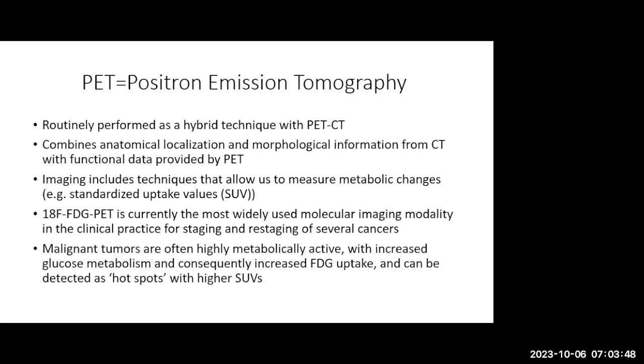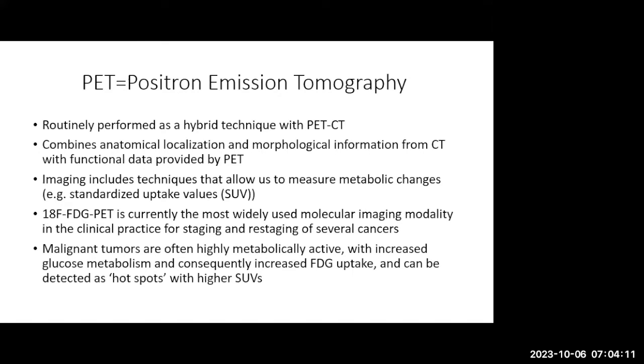And then the radiopharmaceutical I'm going to be focusing on today is F18 fluorodeoxyglucose. That's what the title says, and I'm going to concentrate on that. It is currently the most widely used molecular imaging modality in the clinical practice for both staging and restaging of several cancers, not just lung cancer.